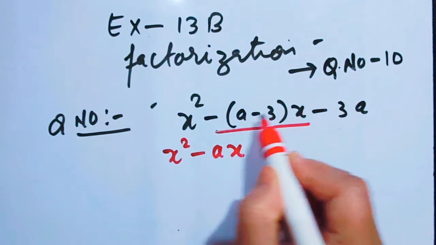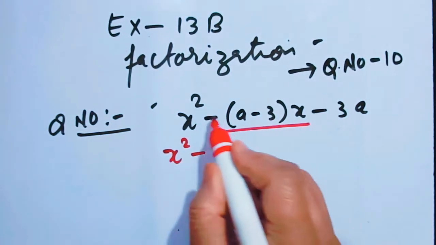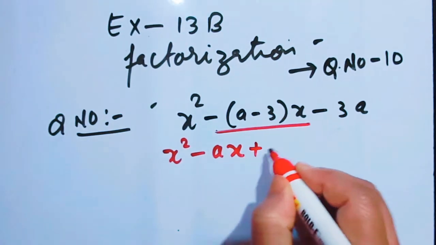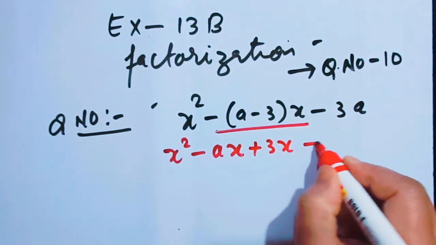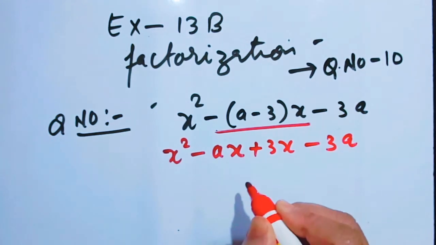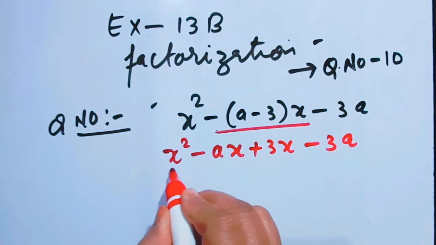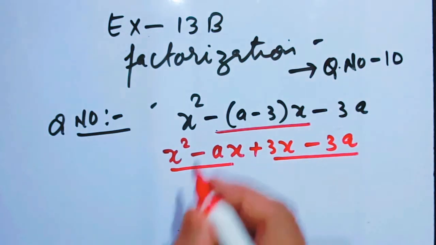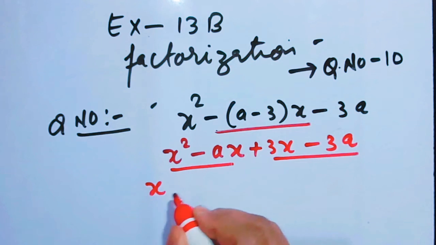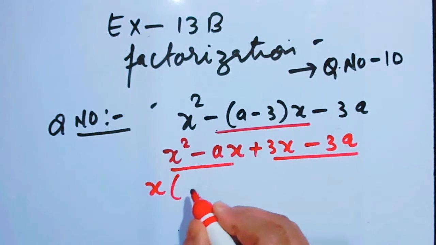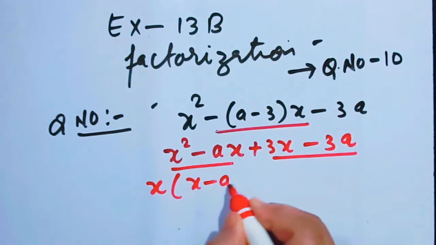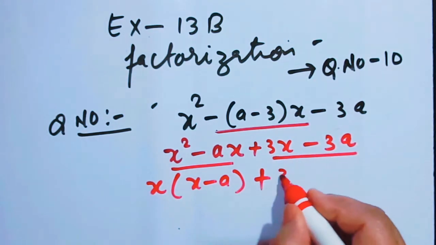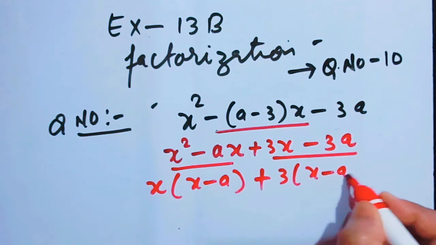So minus x multiplied by a is equal to minus ax, minus x multiplied by minus 3 is equal to plus 3x. Now minus 3a was already over here. Now when we group these two and when we group these two, what do we find? We find that on taking x, that is common, out, we'll get x minus a, and over here when we take out common, that is 3, I'll get x minus a.